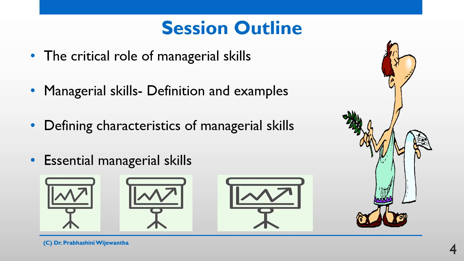So we will define what the characteristics or features of managerial skills are. There we will define the key characteristics and further discuss the essential, or the most important, managerial skills that one has to develop.